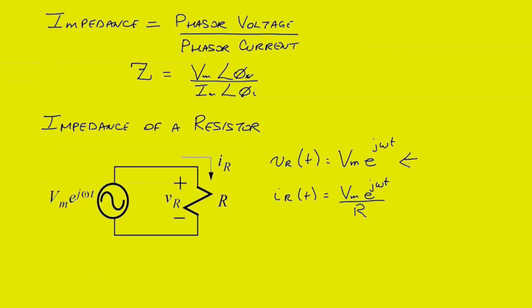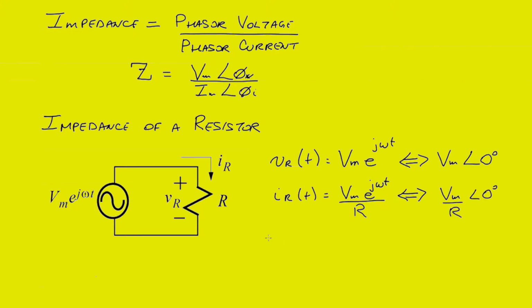We can transform both of these into the phasor domain by simply taking the amplitude, and that becomes the magnitude Vm, and the phase, and that becomes the angle. You'll notice in both cases the angle or phase is 0.